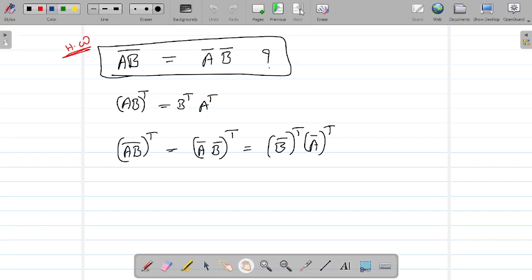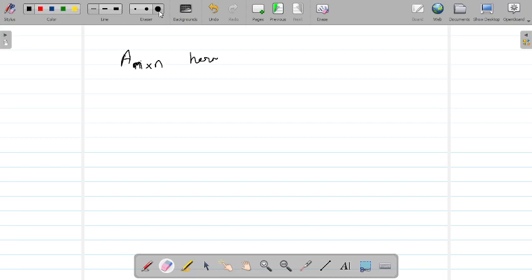And the next thing, let's say A is a Hermitian matrix, and you start with any matrix B of size m by n. Then you can prove that B A B star is a Hermitian matrix.